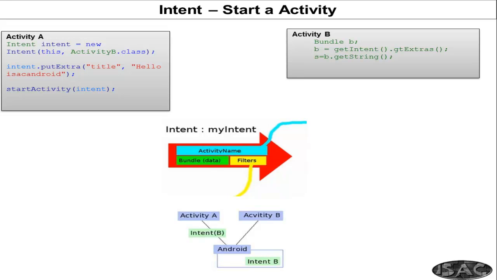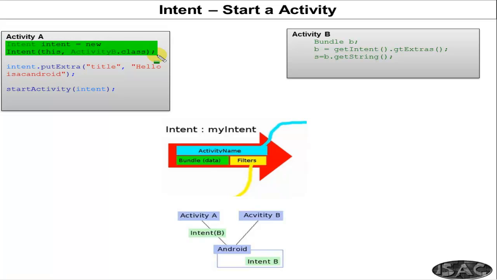Now, here is one small example of how the start activity use case works. What we have is very simple: one activity A, and here we have created an intent.